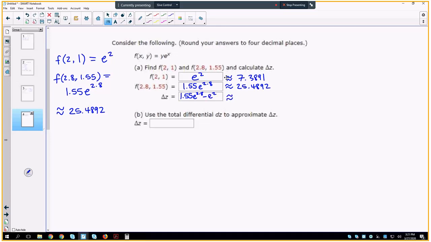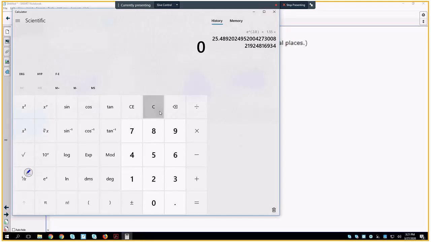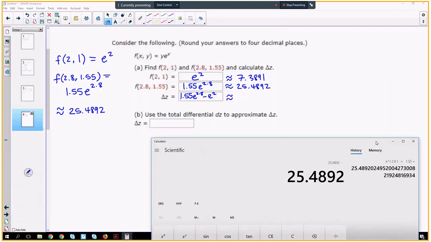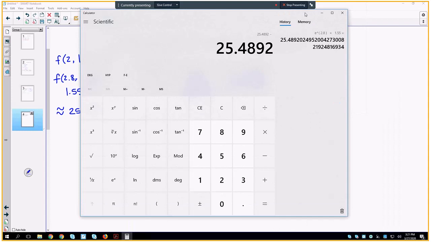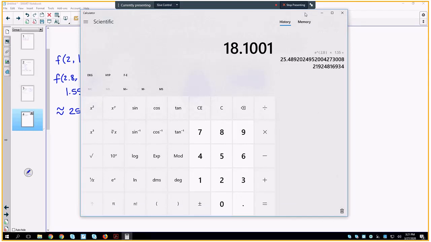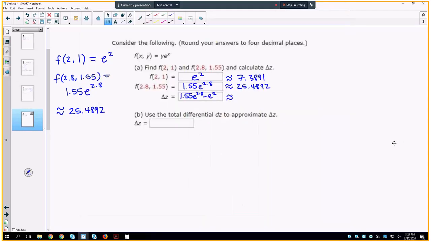And that should be right around the difference between those two numbers. What was my other number here? 7.3891. So around 18.